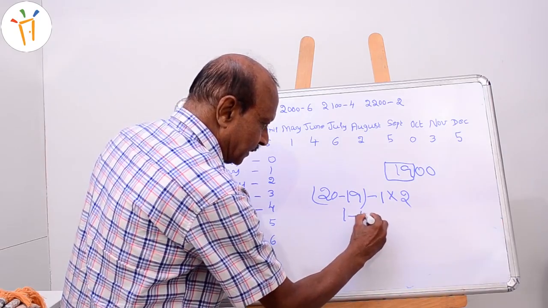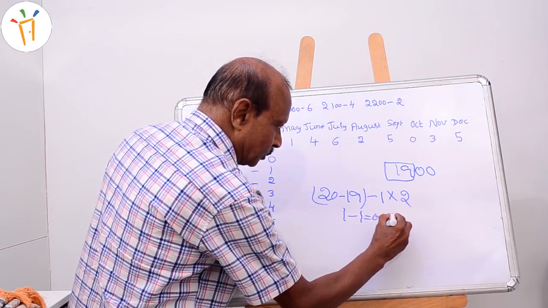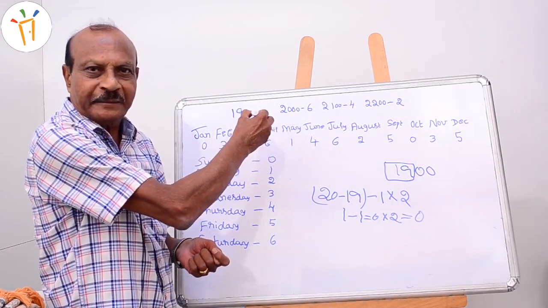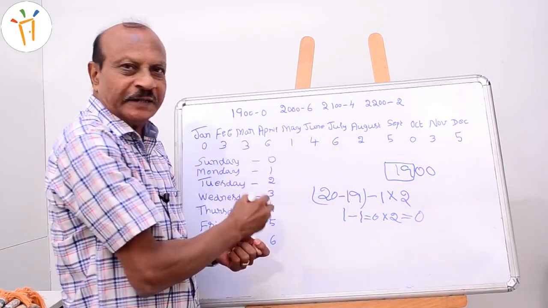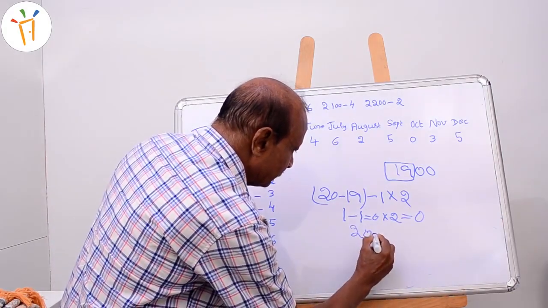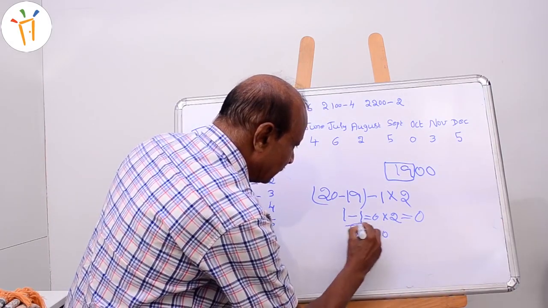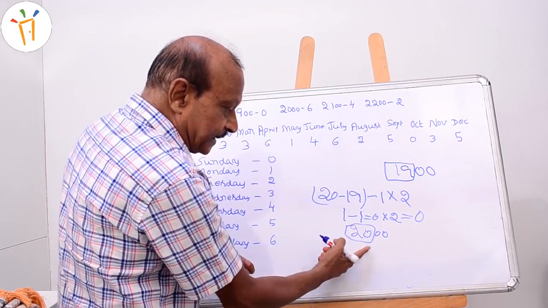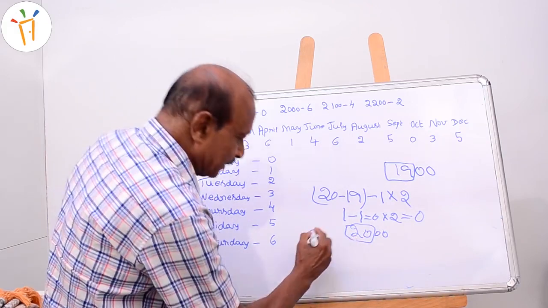1 minus 1 is equal to 0. 0 into 2 is equal to 0. That is 0, I have given the code number here. Next, 2000. For 2000, you take 20 as the century. The next number divisible by 4 after 20 is 24.